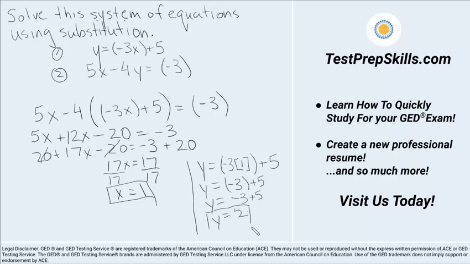Okay? So, have we solved the system of equations? We have a value for x, and we have a value for y. X equals 1, y equals 2. Now, the only other thing you could do, it's not necessary, but some people like to do this just to make sure that the answers they got actually work. You can take this x and y value, and you could substitute them into both of the equations separately, okay?